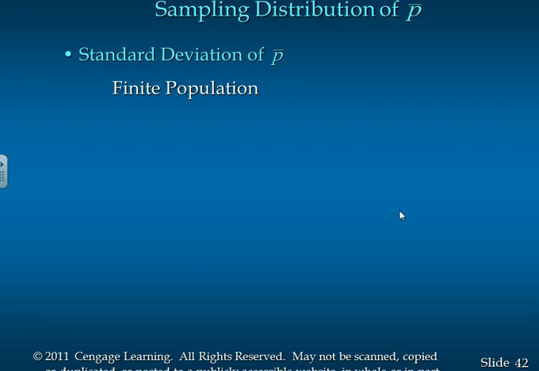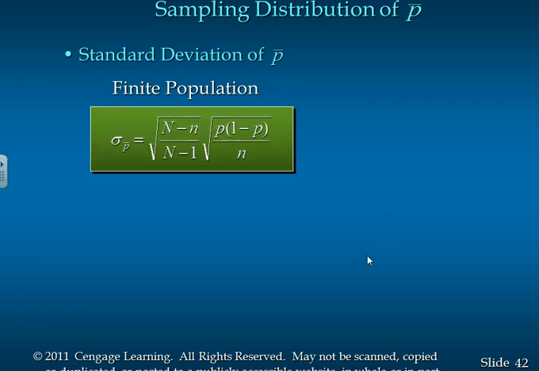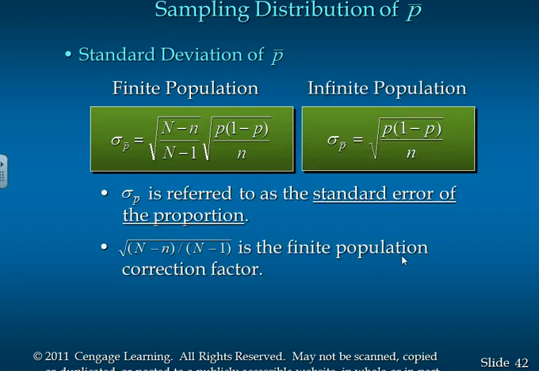Standard deviation for a finite population. Okay, I'm sure we're going to remember that equation. Got it memorized yet? And for an infinite population, that's better. I like that one better.